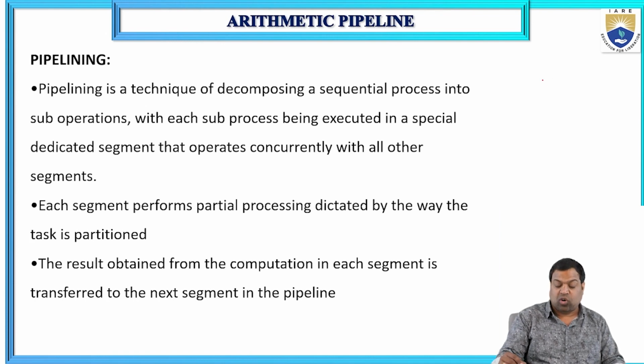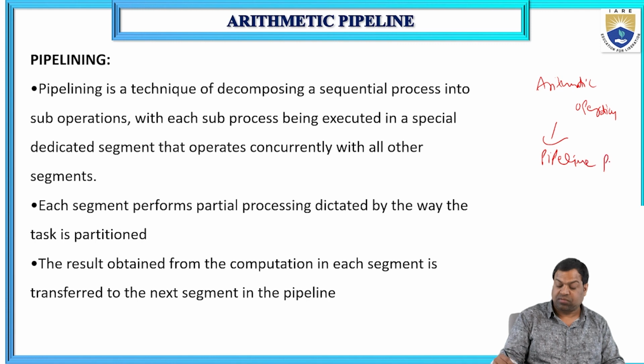The result obtained from the computation in each segment is transferred to the next segment in the pipeline. So, arithmetic operations majorly we are performing with pipeline. Today we are discussing arithmetic operation with the pipeline method or pipeline process. Before going to this, what is pipeline?